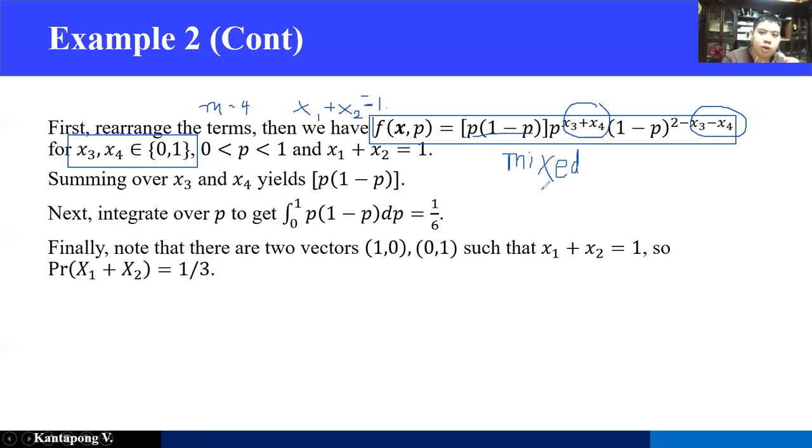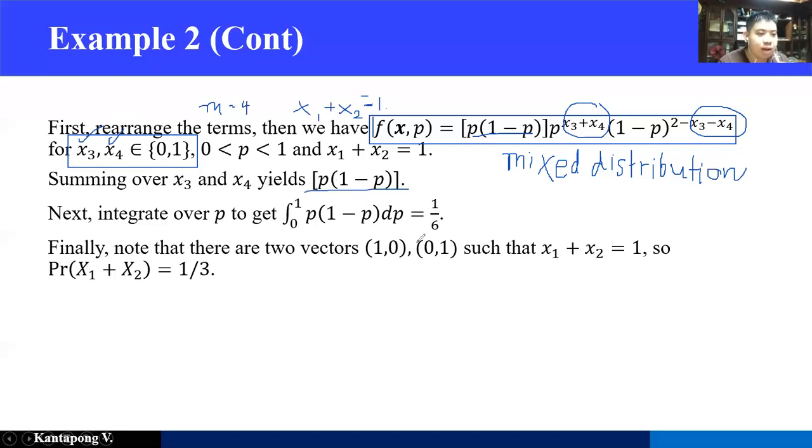Remember, we have talked about the mixed distribution already. We could take either the sum or the integral first, that's fine. In this example, we have to sum because x3 and x4 are discrete. There are 4 combinations, because x3 and x4 are in the set of 0 or 1. So summing over x3 and x4, we get this expression.